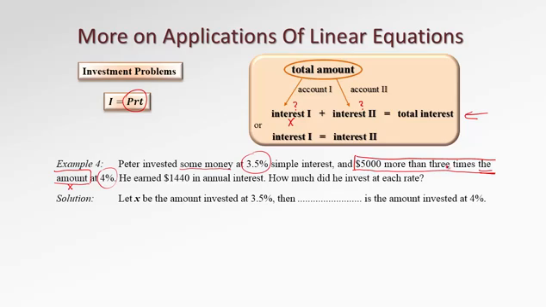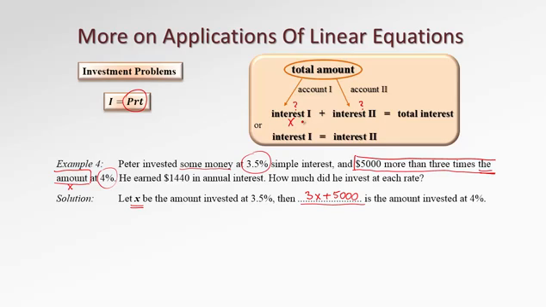Okay, let's analyze this again. 5,000 more than 3 times the amount. That means x. Okay, 5,000 more. More means plus. Then 3 times x. Okay, great. So we have both expressions that represent the amount of money invested at each account.